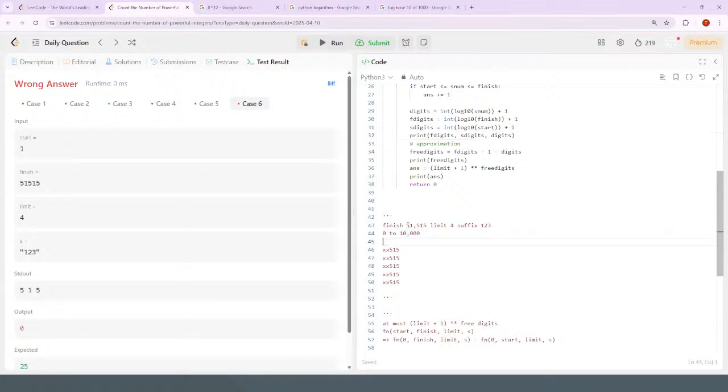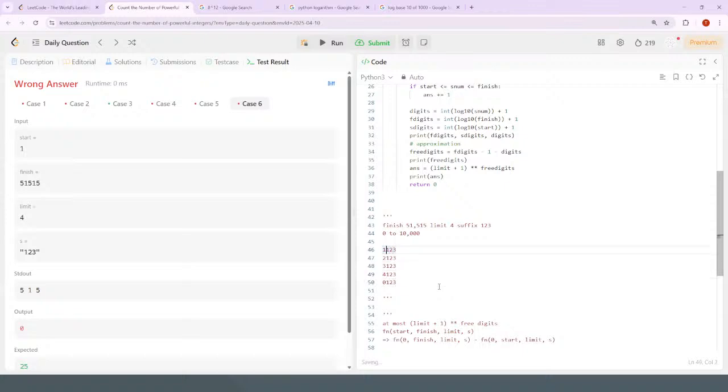10,000 will work between 10,000 and 5,000. So for instance, if it was 1, 2, 3, 4, and 0, if you add another 1 in front of this, or 2, or 3, or 4, or 5, whoops, the ending should be 1, 2, 3. It's 1, 1, 2, 3, 2, 1, 2, 3, 3, 1, 2, 3, 4, 1, 2, 3.